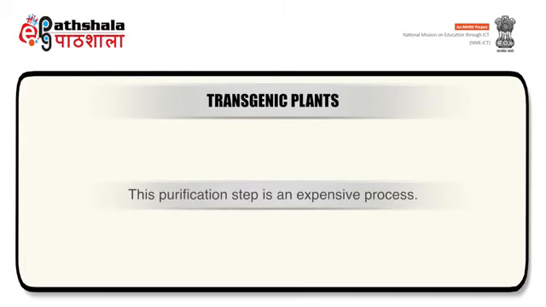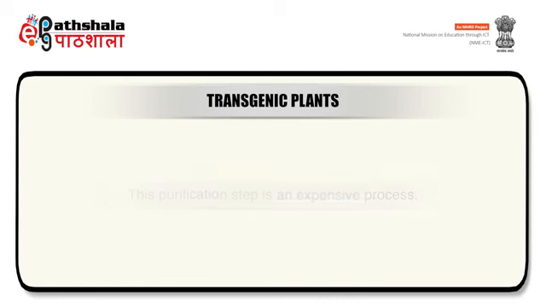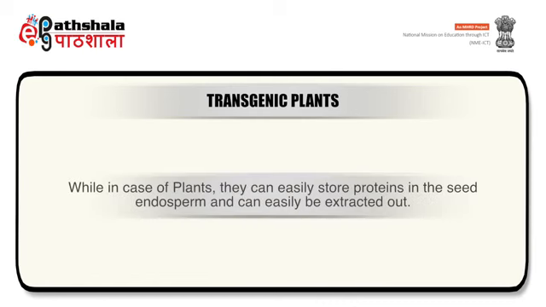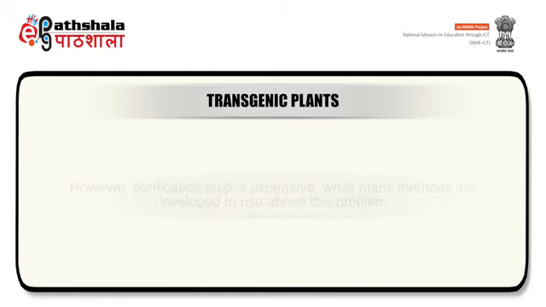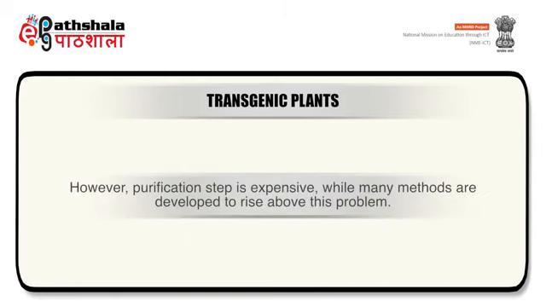This purification step is an expensive process, while in the case of plants, they can easily store proteins in the seed endosperm and can easily be extracted. However, the purification step is expensive, while many methods are developed to overcome this problem.